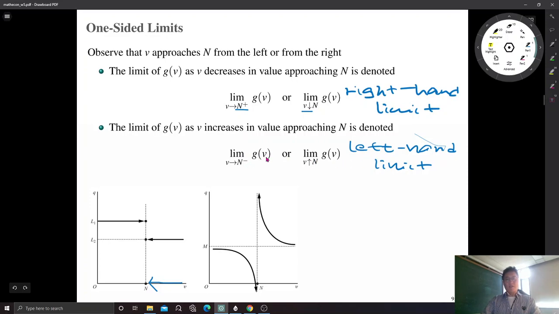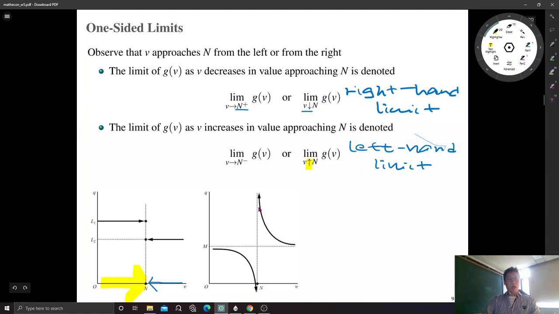So the limit of function g of v as v approaches n minus. This negative sign highlights the direction of v. So now v is approaching number n from the left. And in this direction, v is increasing to number n. So we may use the upward arrow to denote the left-hand limit, so limit of g of v, v is increasing to number n. That is another notation of the left-hand limit.